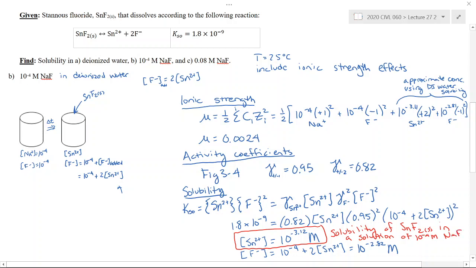So what you should see is that in DI water, our solubility was 10 to the minus 3.11, and so the solubility did go down slightly as a result of the ionic strength going up. Let's go ahead and write a summary over here.